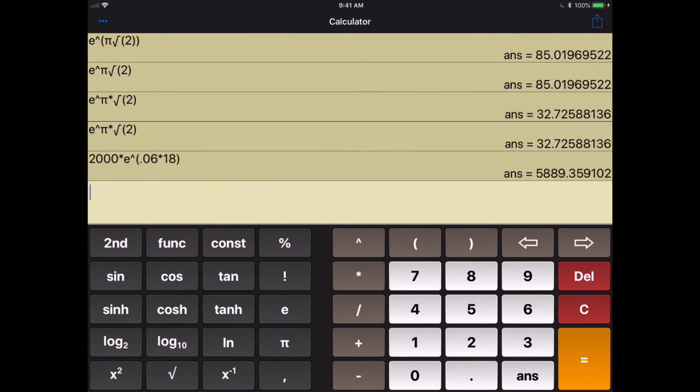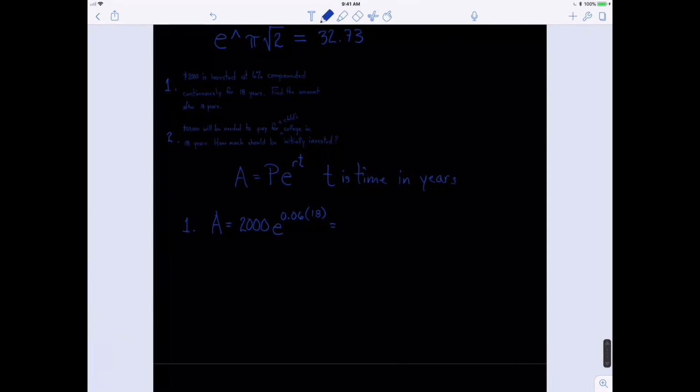So after 18 years, we'll have $5,889.36. So make sure I can remember that. $5,889.36. Okay. So let's go back, and the answer is $5,889.36. Notice if you're talking about money, just take it to the nearest penny. There's no need to go further.